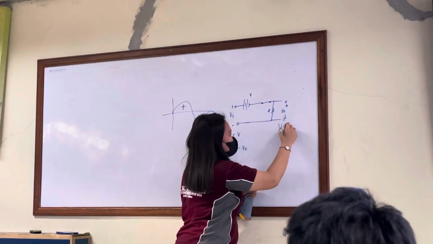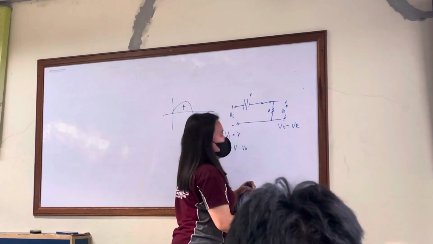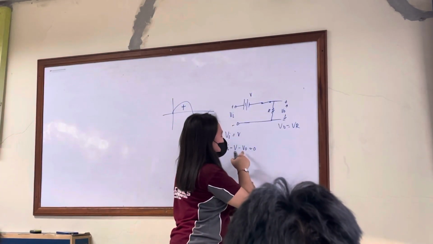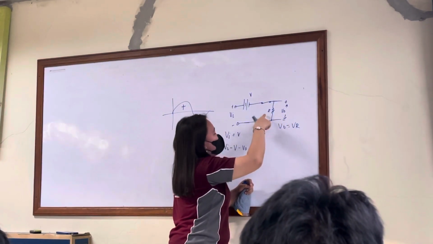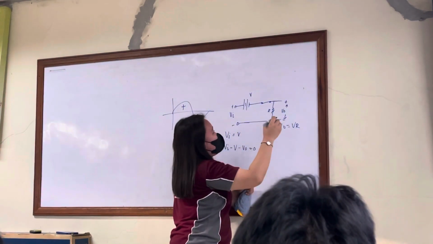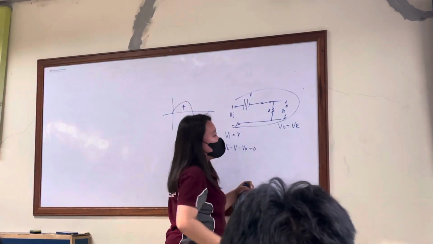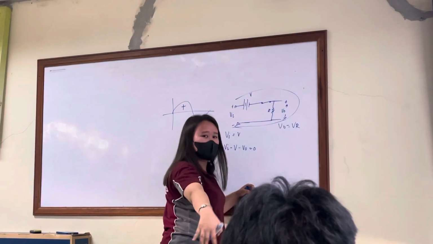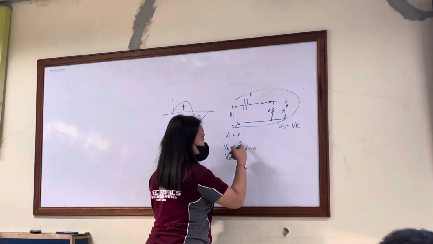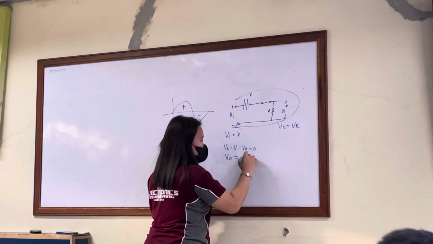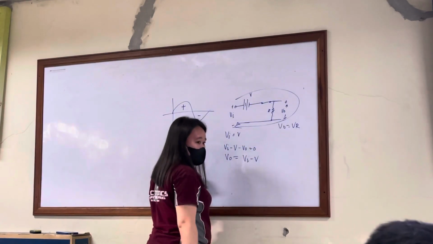So VO is equal to VR. To find the output voltage, transpose V out to the other side of the equation. That's just VI minus V.